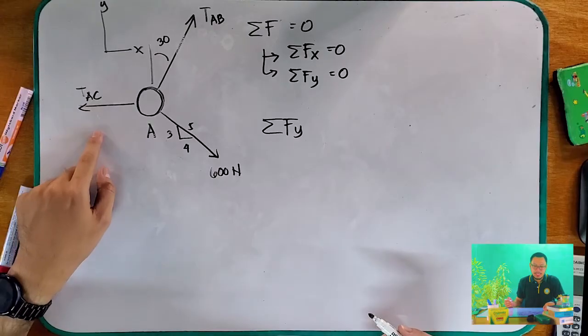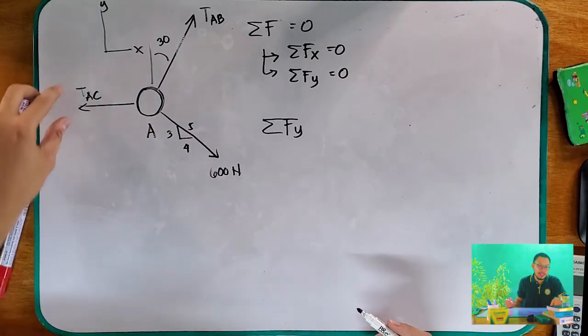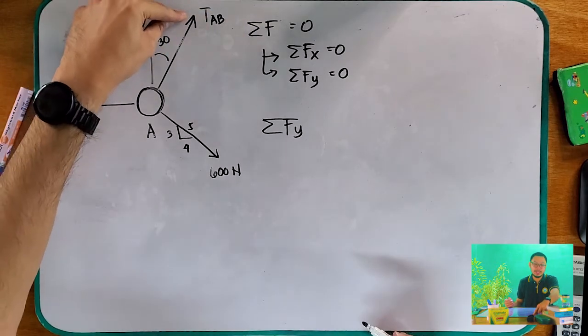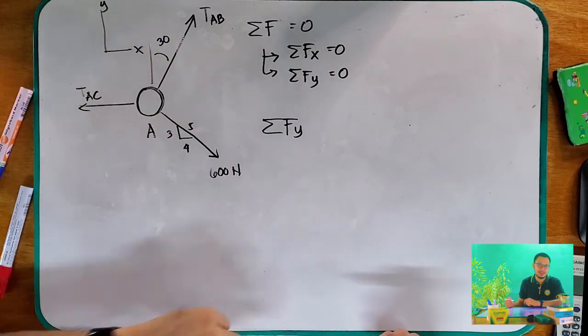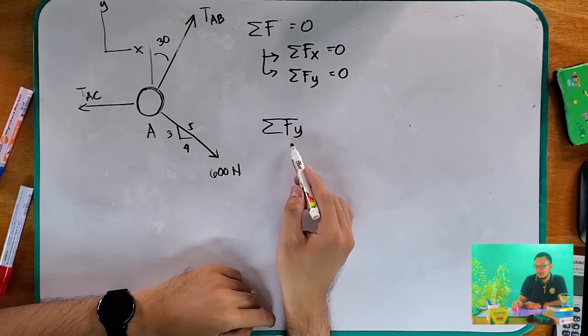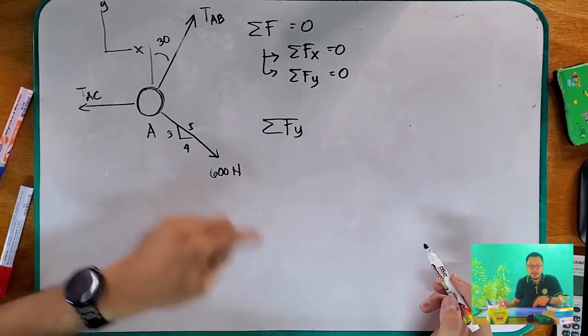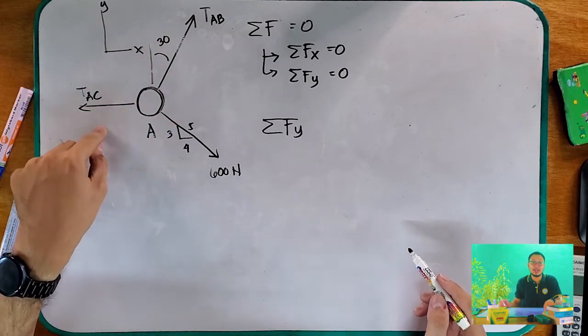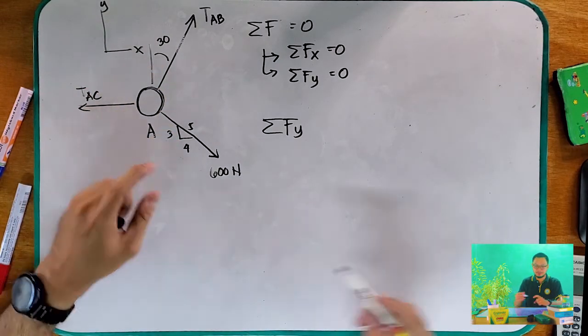So that we can use the component method that we used with our force vectors. And in this case, we are just adding 3 vectors, but we are now looking for the magnitude of 2 of these vectors. And this is an application of what we learned in our previous lesson. Okay? And in our summation of forces in y, I did this because I just added all the components.